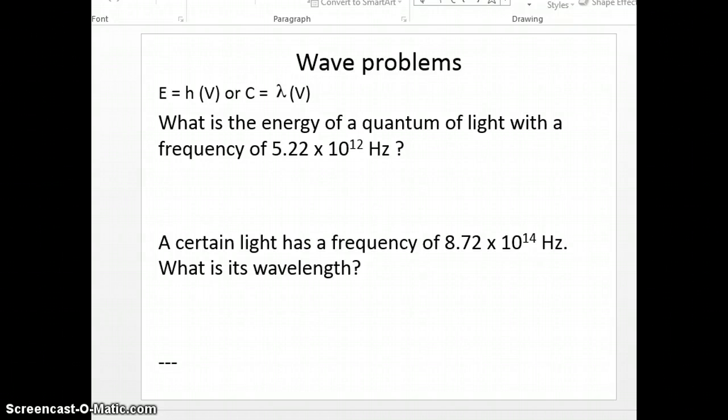So for the first one, I am going to see what is the energy. I see the word energy, so I'm going to have to use the energy formula. Okay, and I'm finding what is the energy, so I'm finding E. h is a constant.